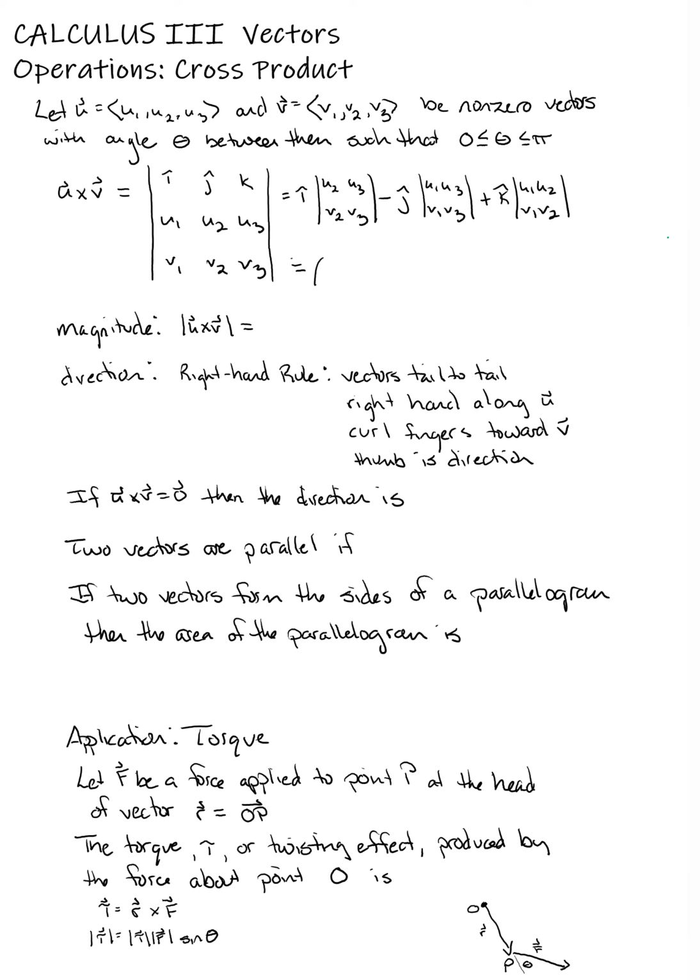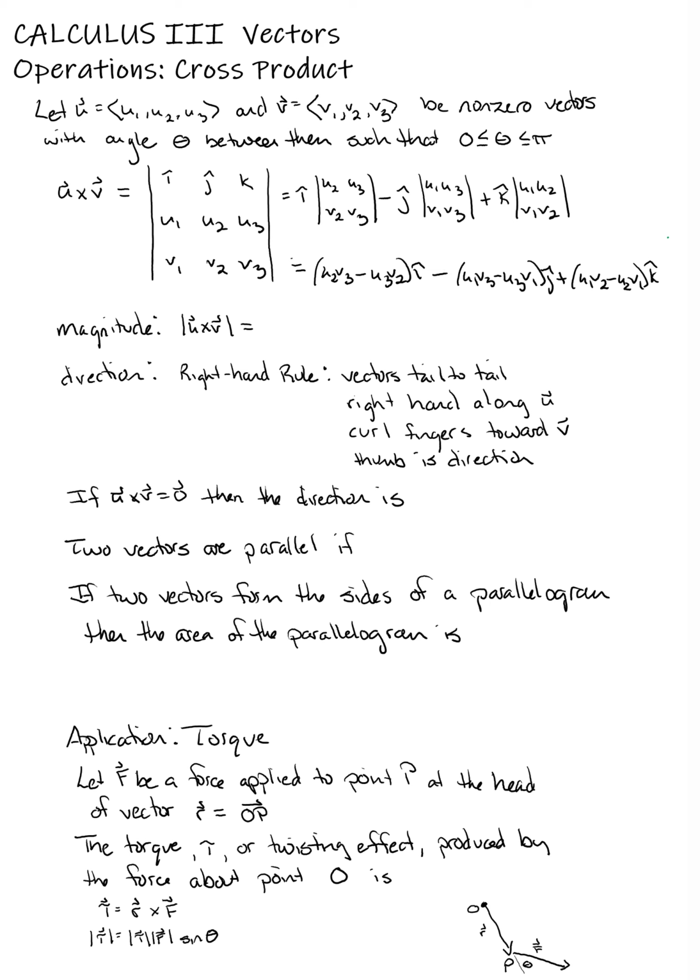This would end up being (u2 v3 minus u3 v2) times i, minus (u1 v3 minus u3 v1) times j, plus (u1 v2 minus u2 v1) times k.